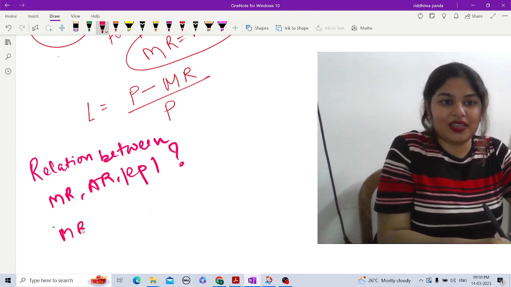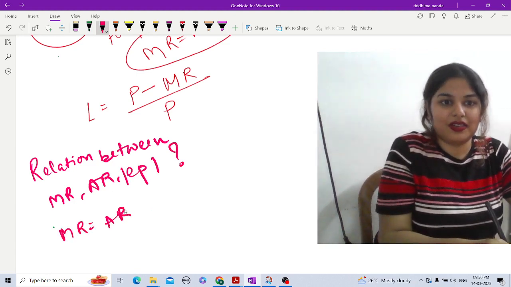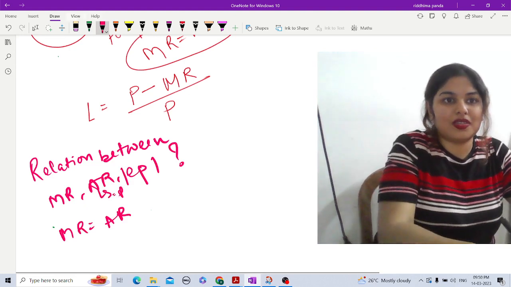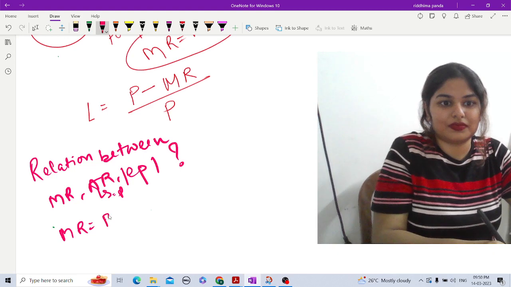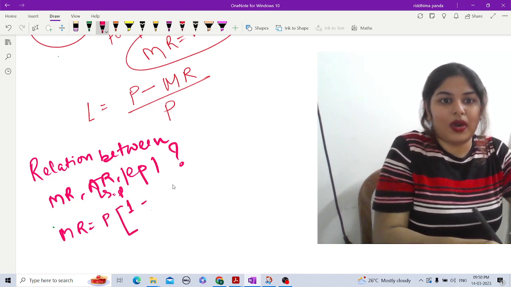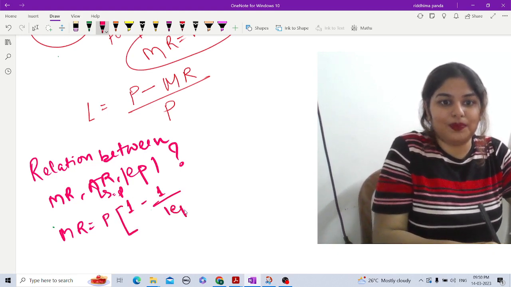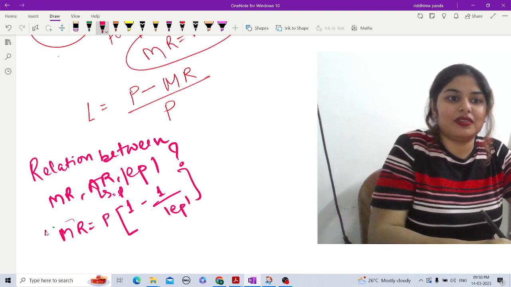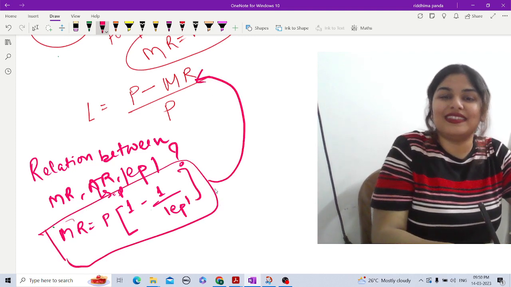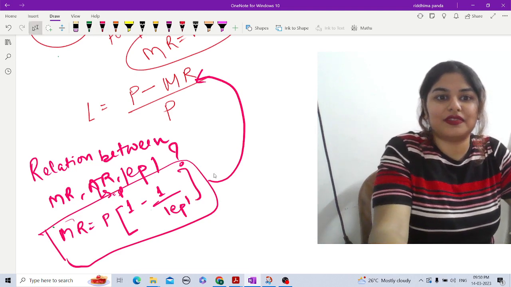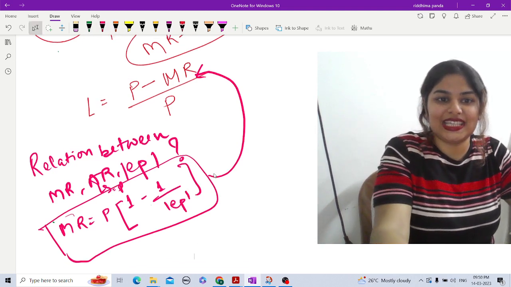MR = AR(1 - 1/EP), where AR is nothing but the price. So I can write price instead of AR. Now I'm going to put this value of MR in the Lerner's Index. So what do we get?